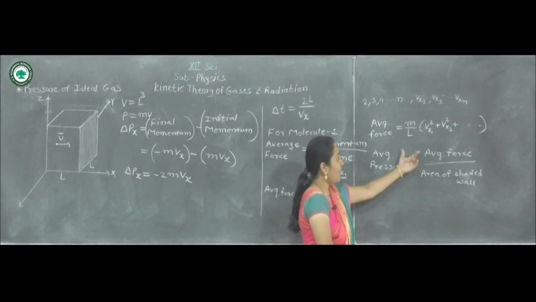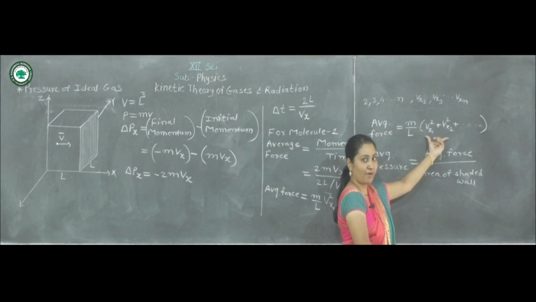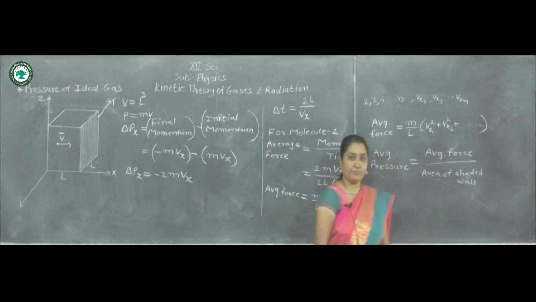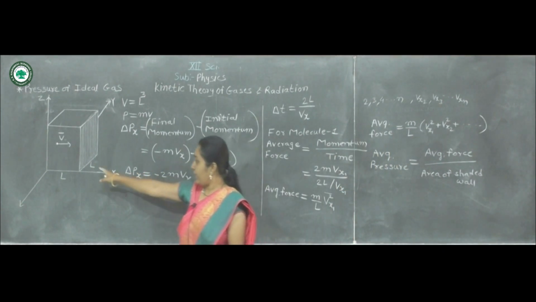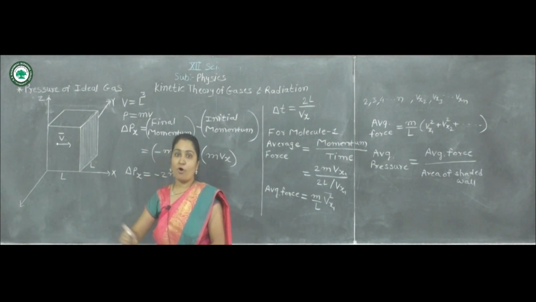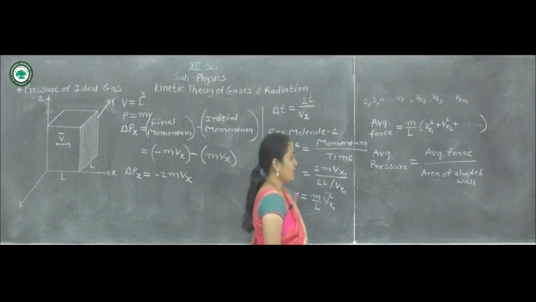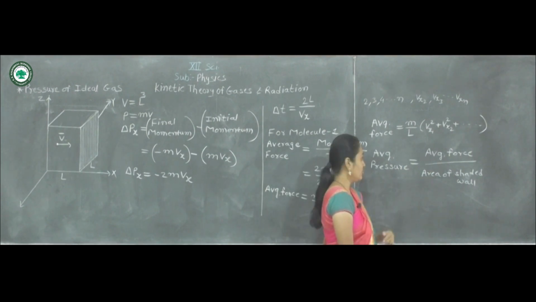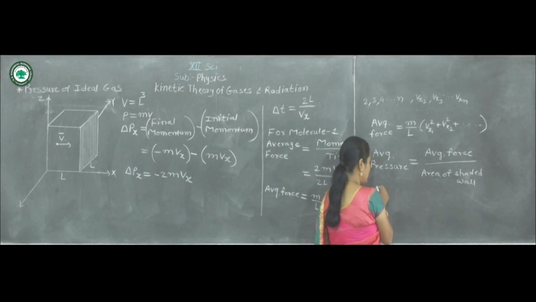So now average force is this value. This L is the length, so the area of this shaded wall is L square. So by substituting these values we can write average pressure.